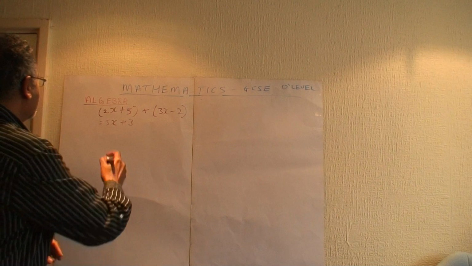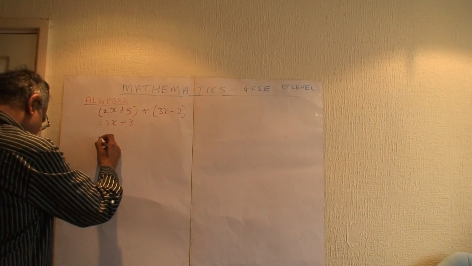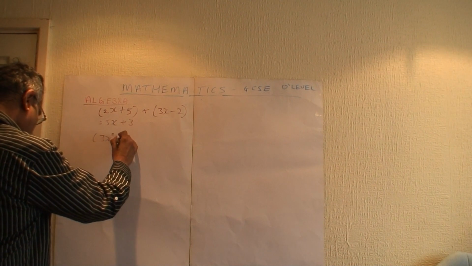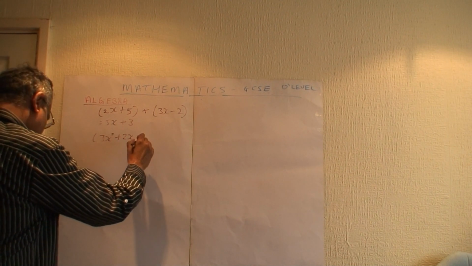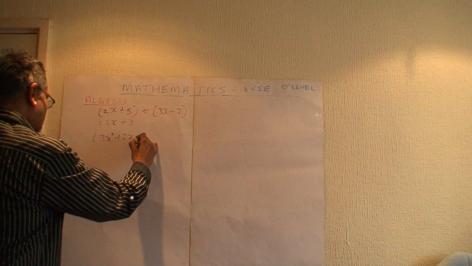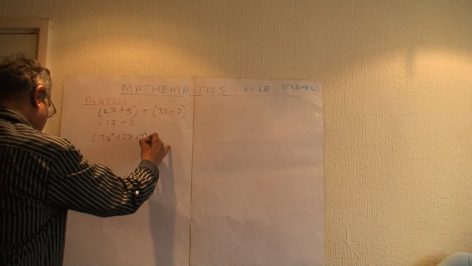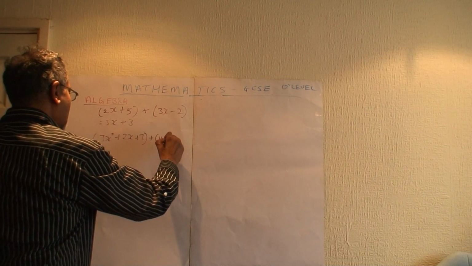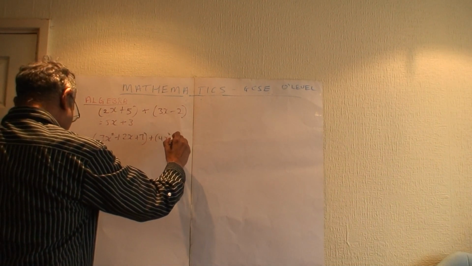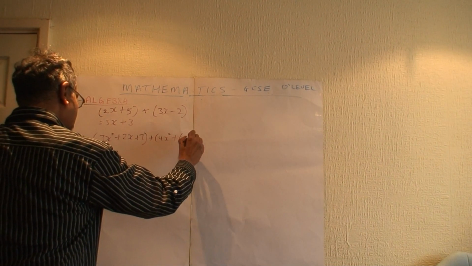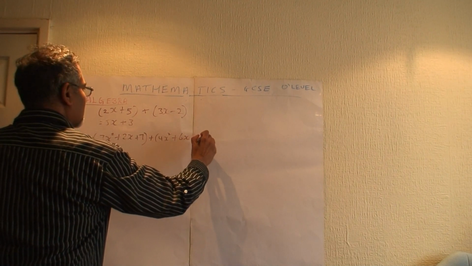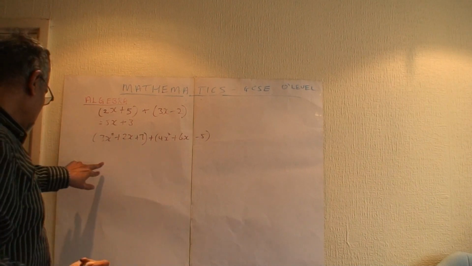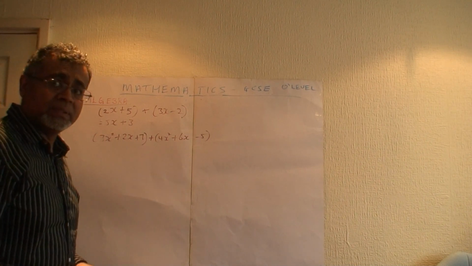What if we have another, let's say 3x squared plus 2x, say plus 7, plus 4x squared plus 6x minus 5? Again, we add the like terms together.